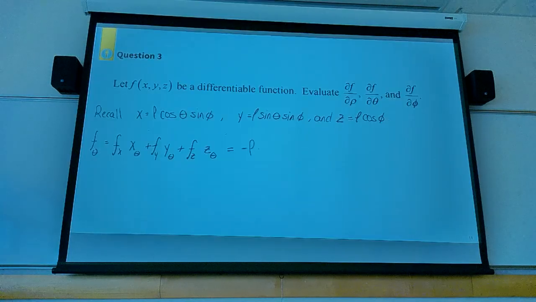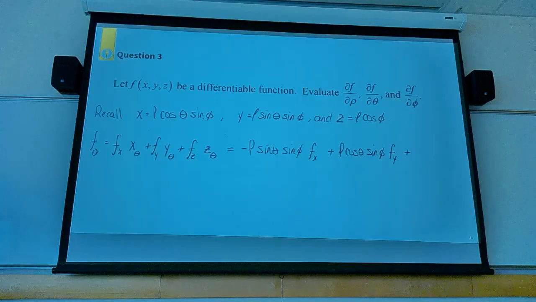Negative rho sine theta sine phi. What is the partial of y with respect to theta? What about the partial of z with respect to theta?